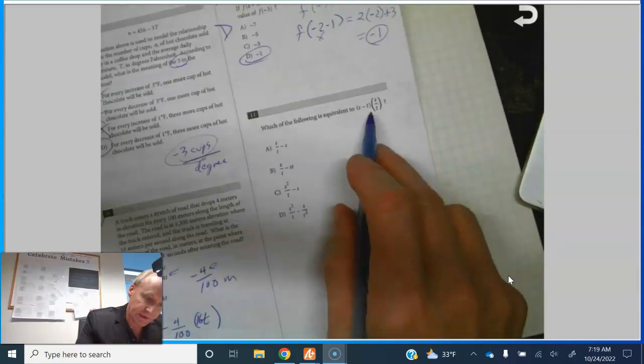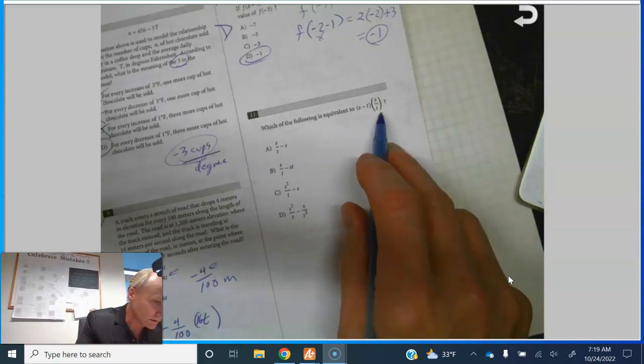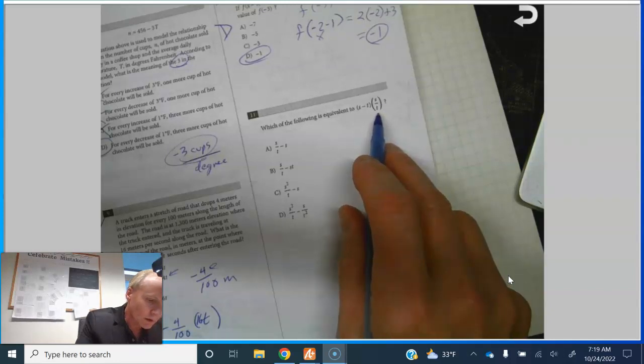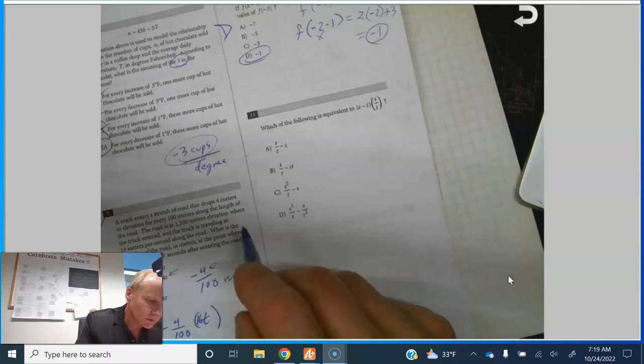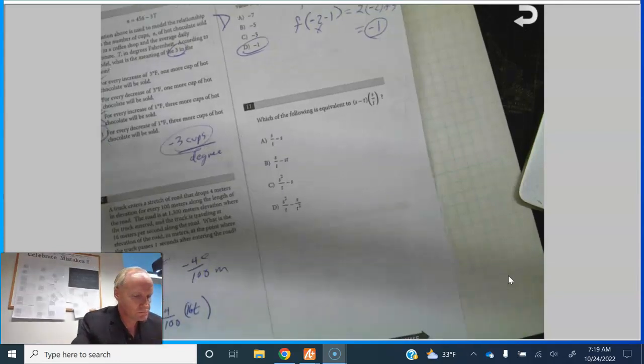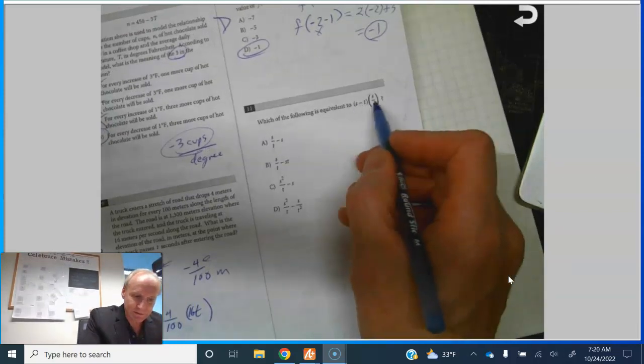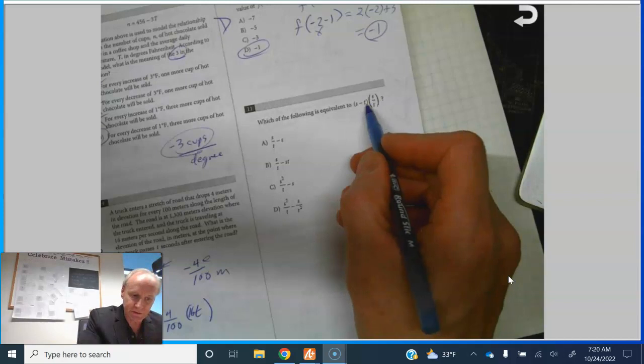Which of the following is equivalent to s minus t, s over t? Oh, we're multiplying this fraction times this number.